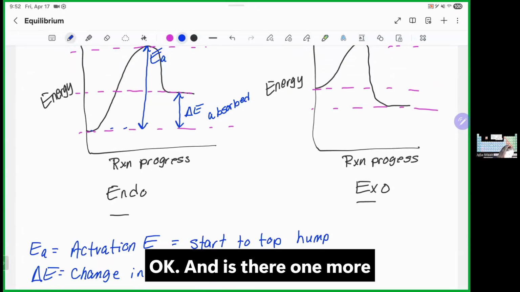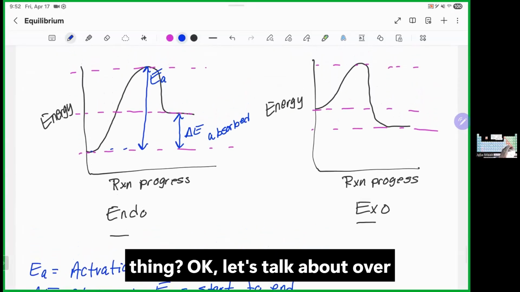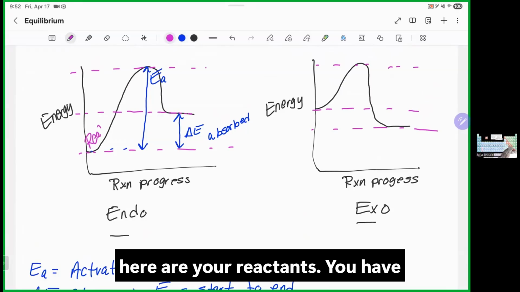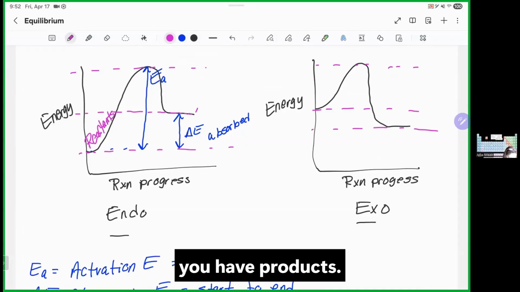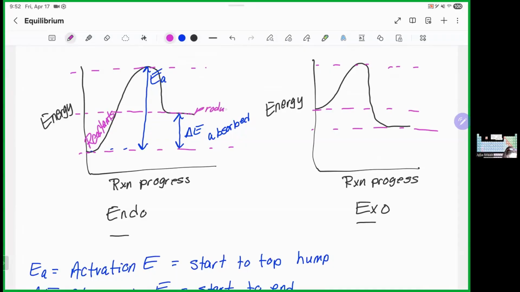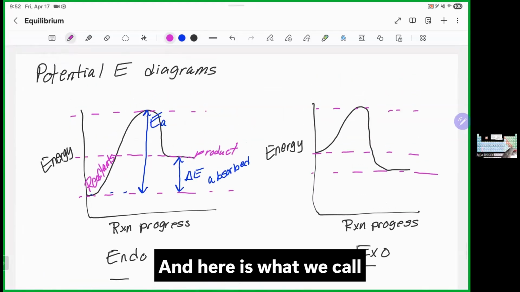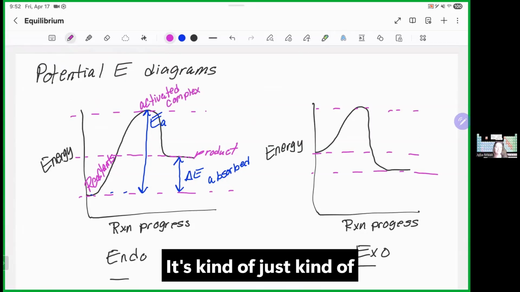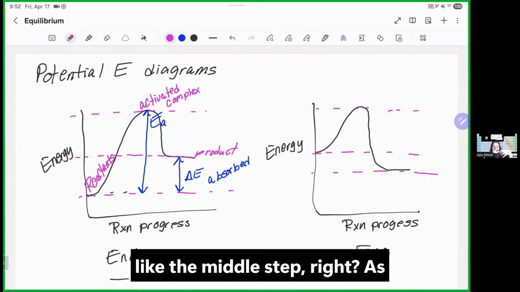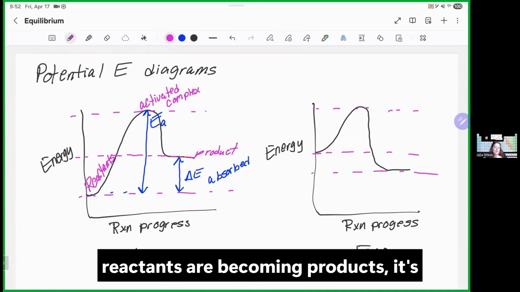Okay, let's talk about over here are your reactants. You have only reactants. Over here you have products. And here is what we call the activated complex. It's kind of like the middle step, right? As reactants are becoming products, it's that middle step.